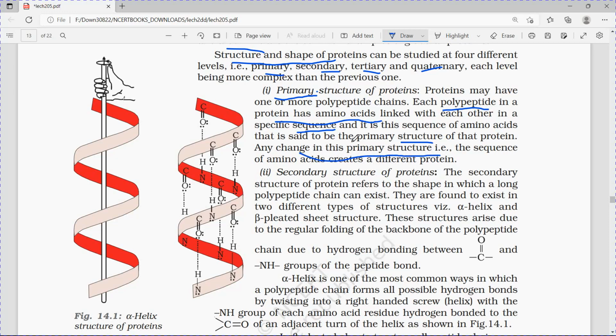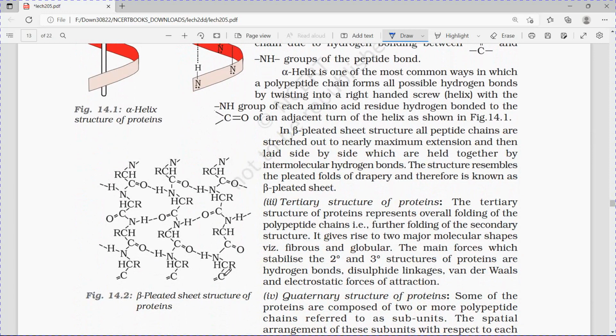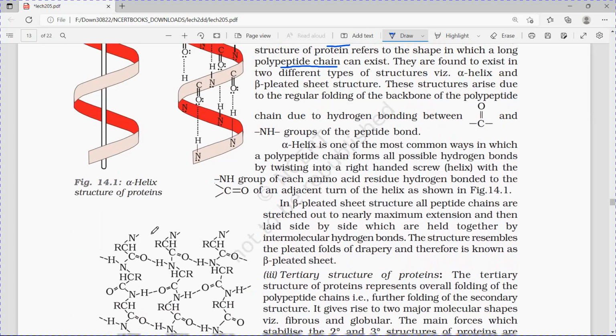Then the secondary structure of protein. Secondary structure is nothing but the shape in which the polypeptide chain can exist. Either it is in a coiled shape like this, a helix, or it is in a beta pleated shape. So there are two types of secondary structures of protein.